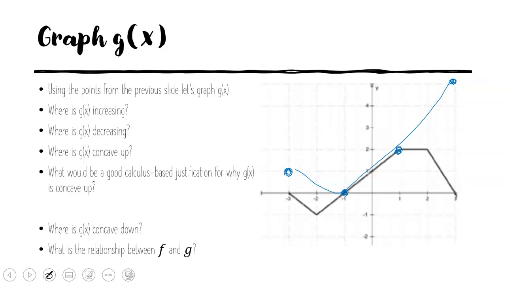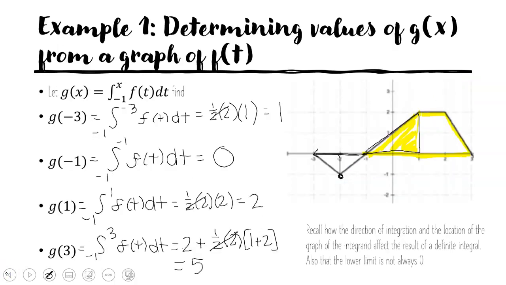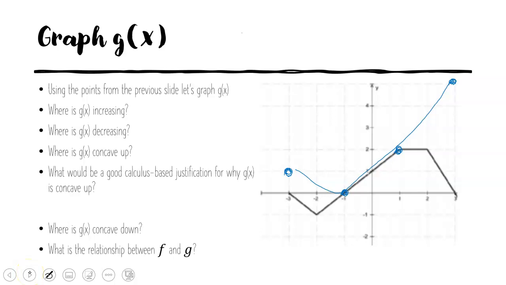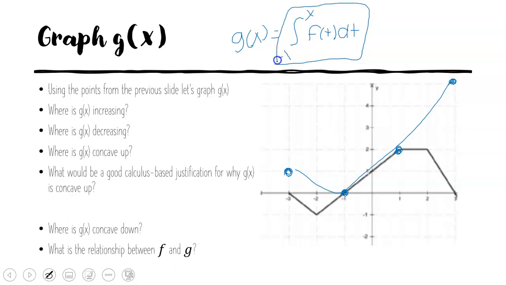So taking into account the relationship between them, if g of x is equal to the integral of f of t, that's kind of like saying g of x is equal to capital F of x, which means that g prime of x is equal to f of t.